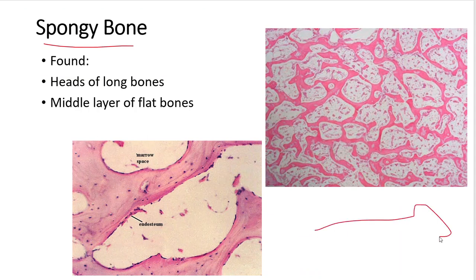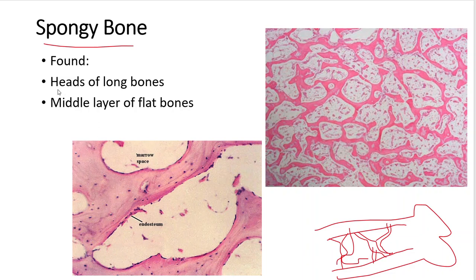Okay, you've got your bone, and the outermost part is compact bone, but on the inside you get all these struts that are going in all kinds of directions. Not at random. They do it according to how you use your body. You'll put struts in the direction that you get pressure. It's the middle layer of flat bones, the head of long bones, and the inside of the shaft as well.